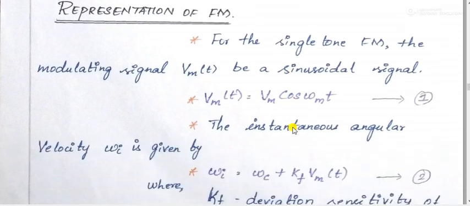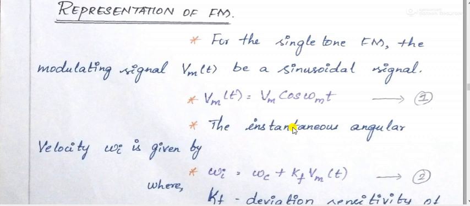Representation of FM. Here we are going to write the equation for the modulated FM wave. To find the modulated FM wave, firstly we should know the representation of the modulating sinusoidal signal, second, the instantaneous angular velocity omega i, and third, the instantaneous phase angle.